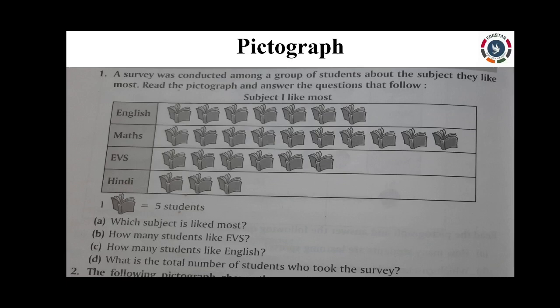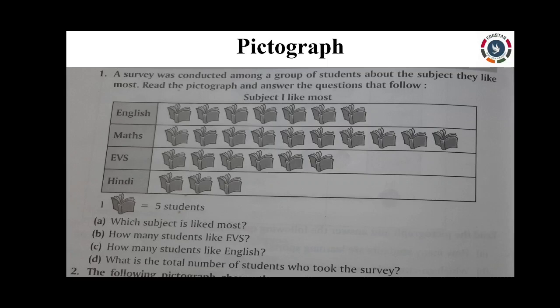Here, for picture representation, a book is given. One book is equal to 5 students. Here, 4 subjects are given: English, Maths, EVS and Hindi. First question. Which subject is liked most?